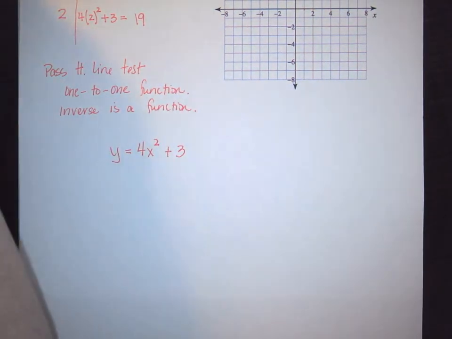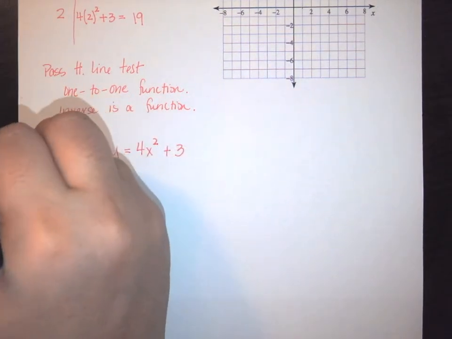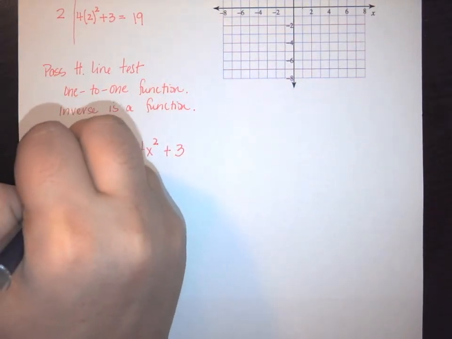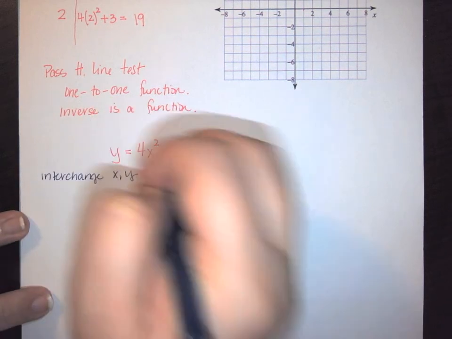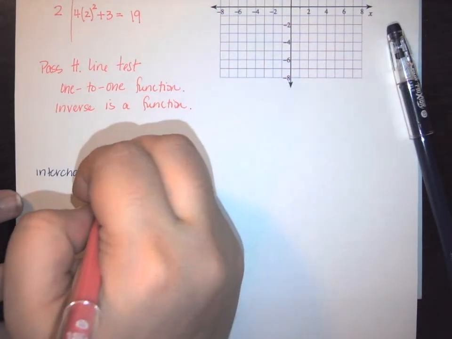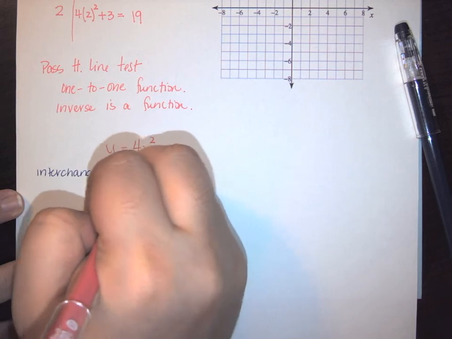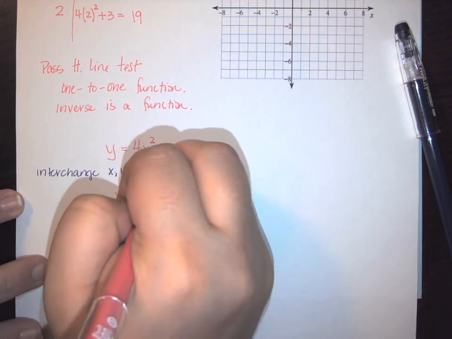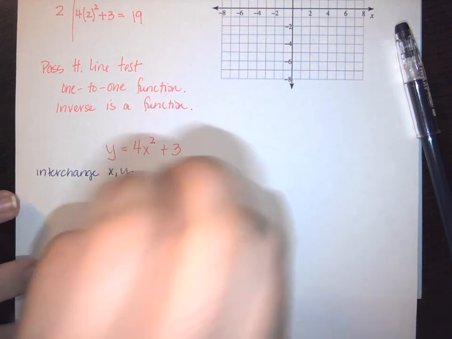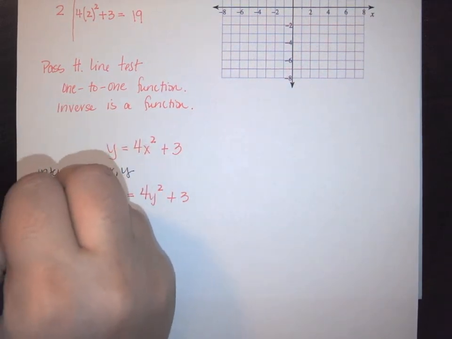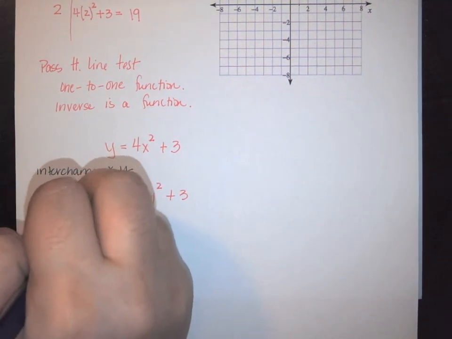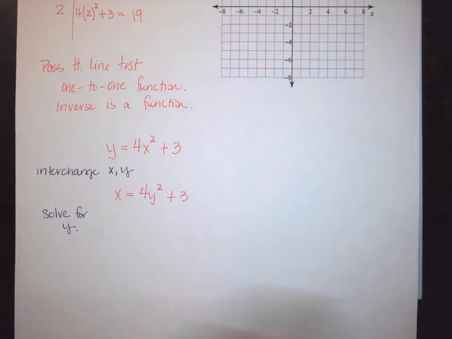Again, that first step says that I have to interchange my x and y. So this is going to become x equals 4y squared plus 3. And now I need to go ahead and solve for my y value.